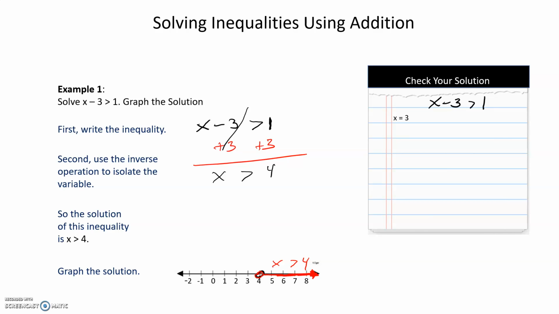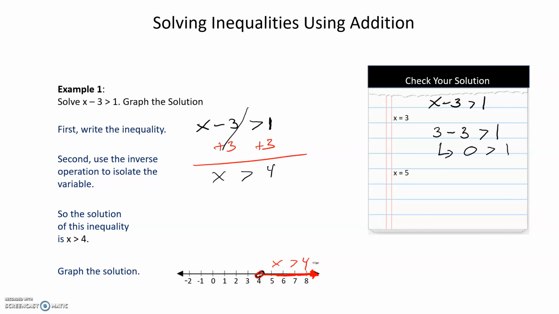The first one I'm plugging in is 3. Instead of x, I'm going to use the value of 3. So I have 3 minus 3 is greater than 1, and 3 minus 3 equals 0, so 0 is greater than 1. That is not true, because 0 cannot be greater than 1. 0 is less than 1.